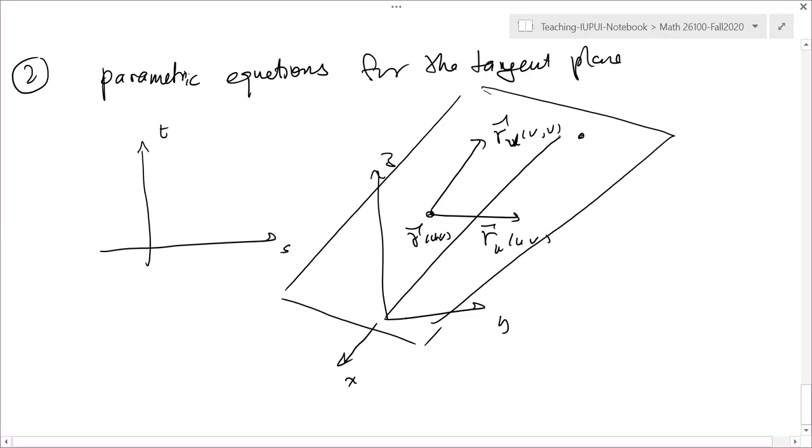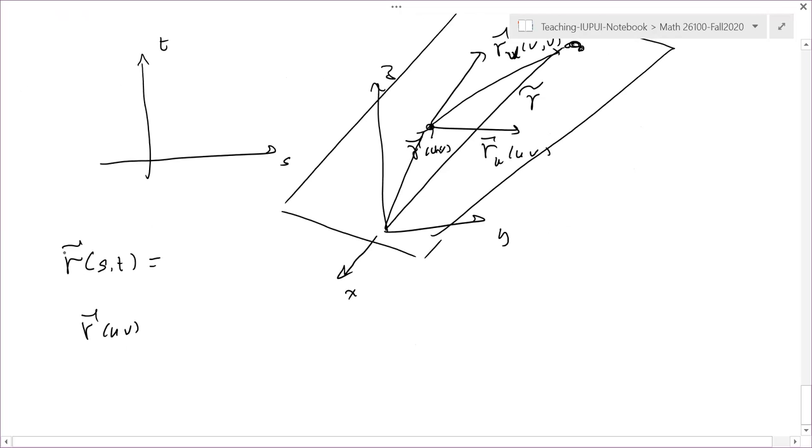I want to describe this r tilde. R tilde depends on s and t. It consists of this vector, r(u,v), plus a linear combination of those two, s r_u plus t r_v. Here u and v are fixed; they depend on where you choose the point.